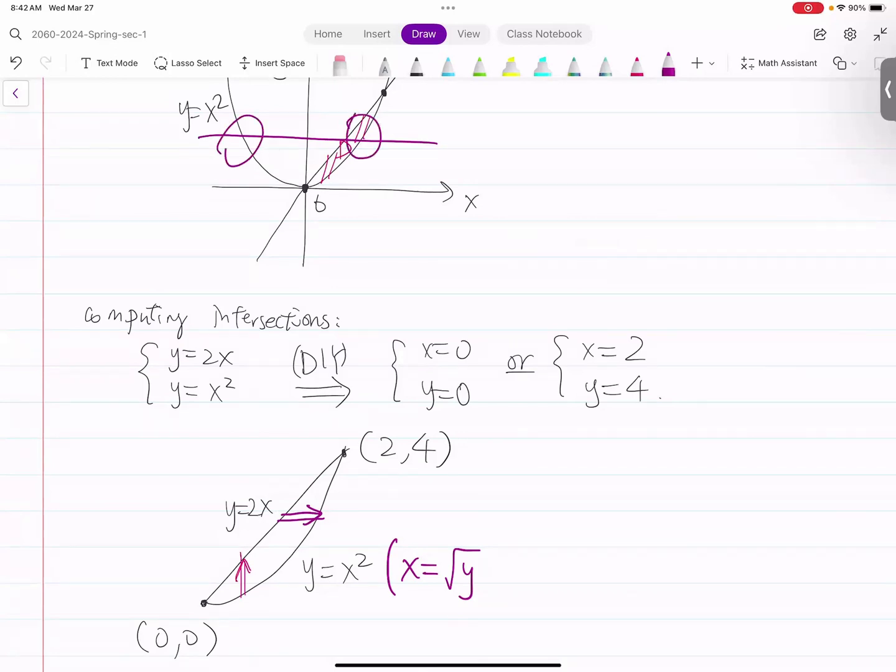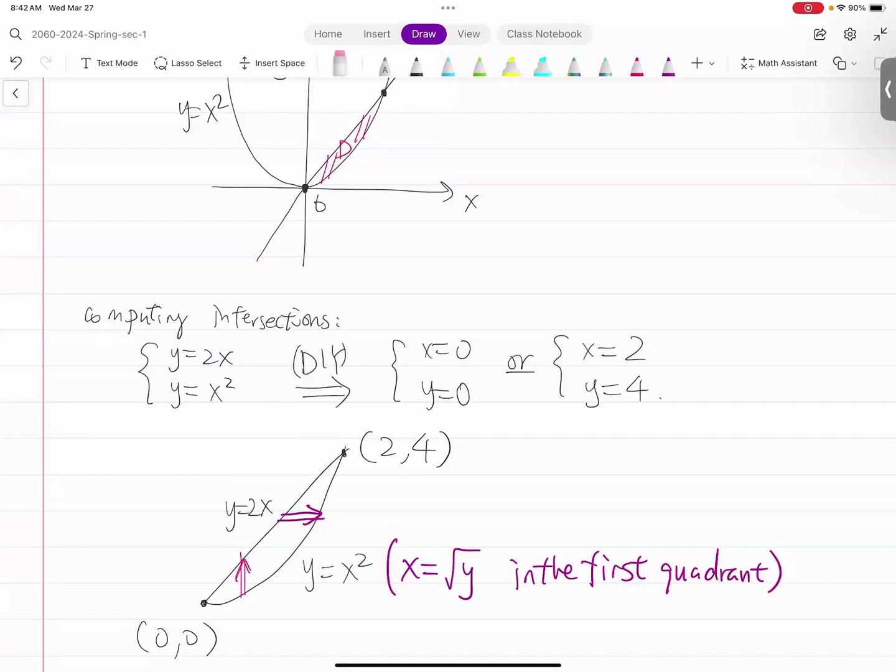We look at the one that's in the first quadrant. And then we can also solve for x by just dividing both sides by 2. So x is y over 2. So this actually gives you two kinds of descriptions.